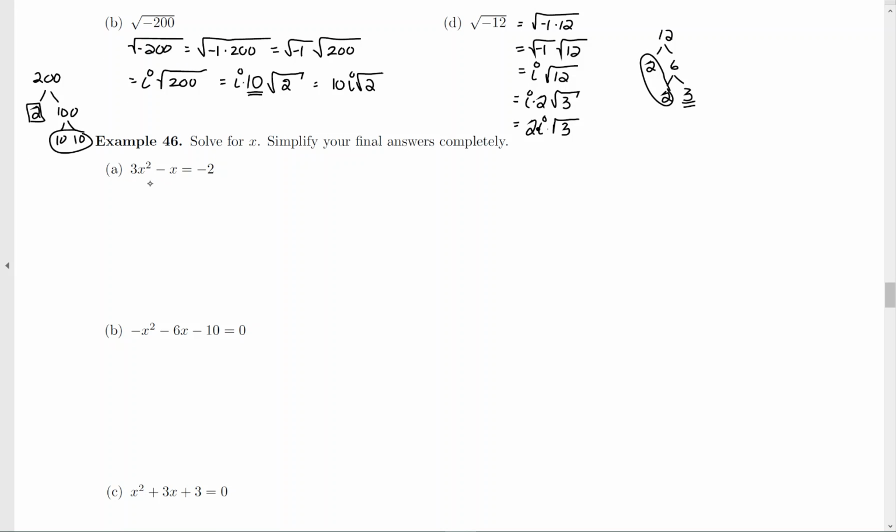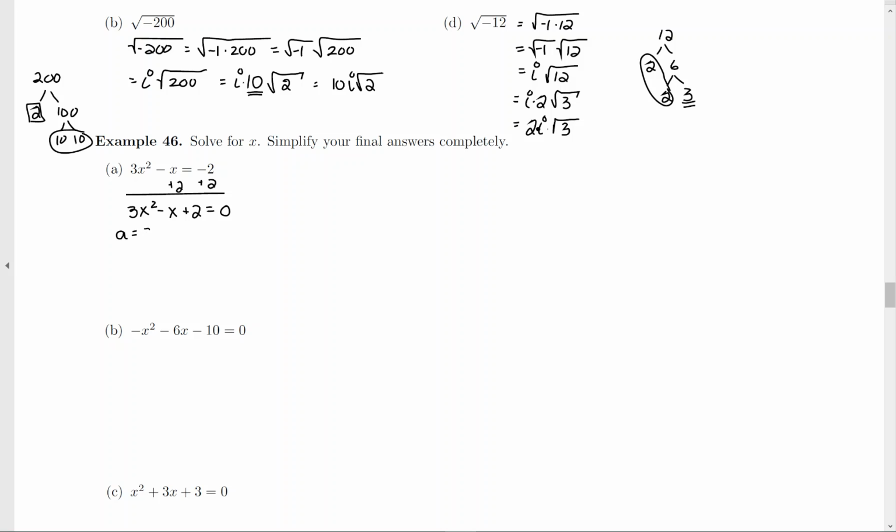So for letter A, 3x squared minus x equals negative 2, I first need to set it equal to 0 before I can use the quadratic formula on it. So I have 3x squared minus x plus 2 equals 0.